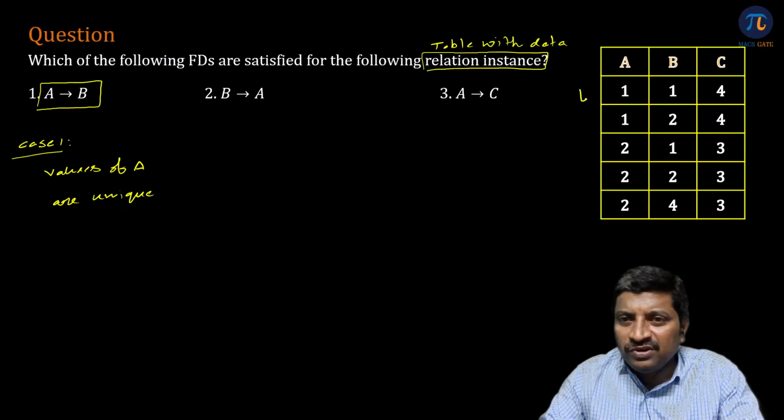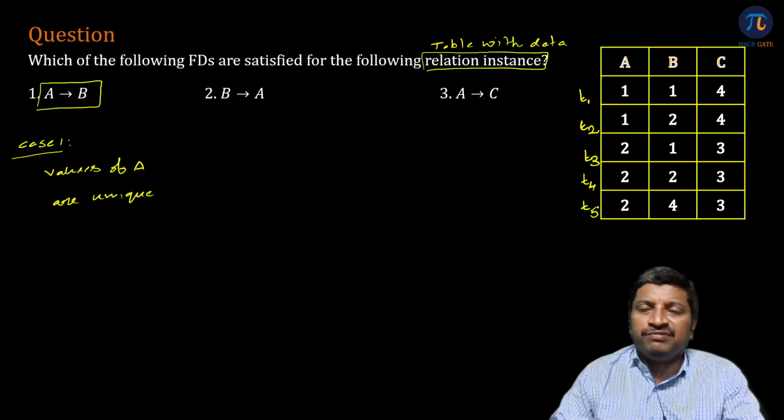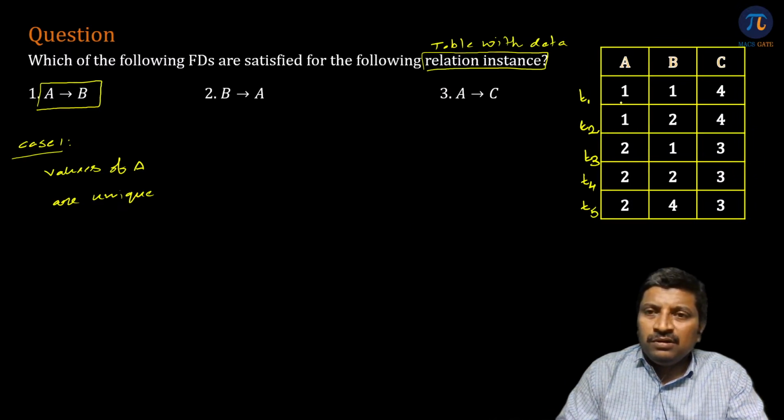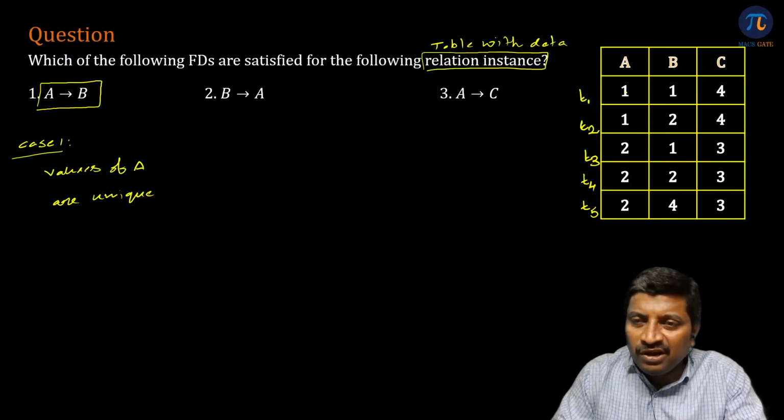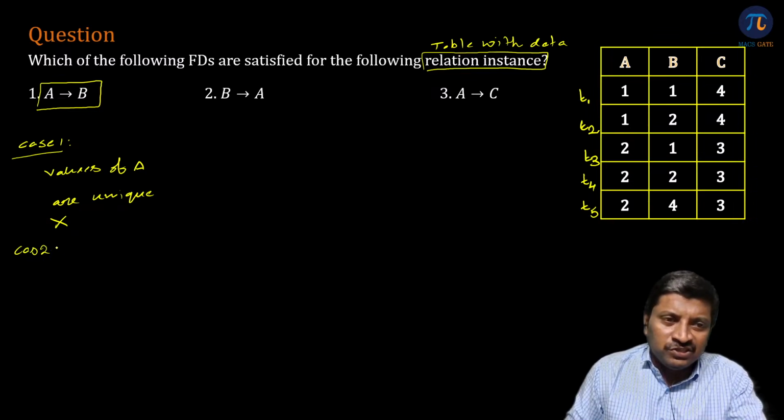No, actually I have 5 tuples here. Let me write the numbers T1, T2, T3, T4, T5. Now, are the values of the attribute A unique? No. So case 1 is not applicable. Go to case 2. What is case 2, sir?